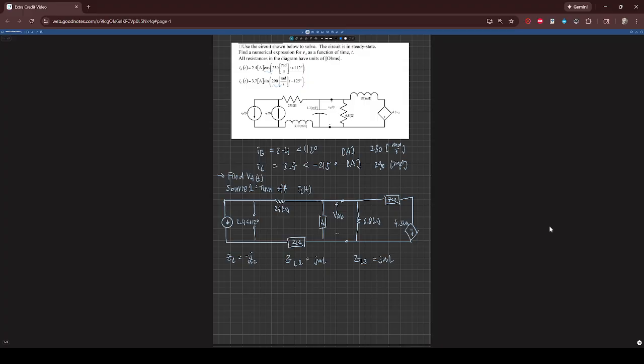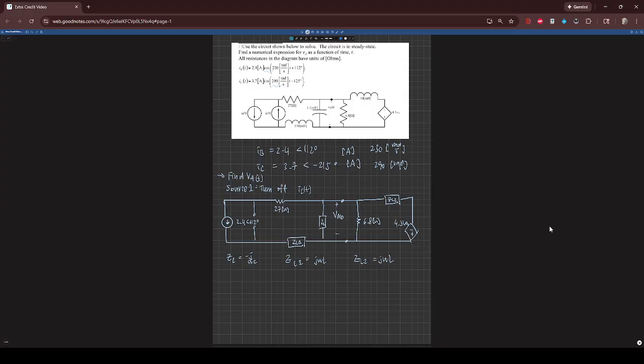So for a phasor domain problem, you should always convert all your components, all your voltage sources, all your current sources into phasor domain first. So we can see right here, IB is 2.4 amps with an angle of 112. Since it's a cosine, that means the angle stays the same.